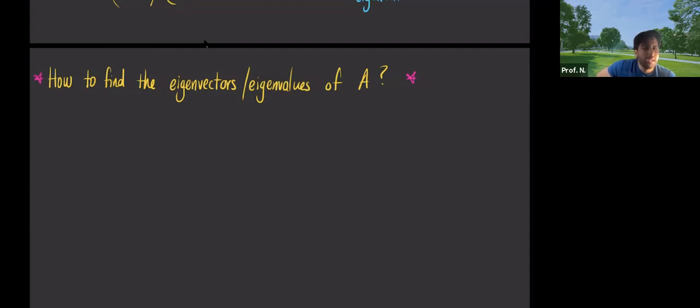There seems to be a connection that every matrix has a particular eigenvalue or eigenvector associated with that matrix. So all we have so far is that A times some vector V equals lambda times V, right?